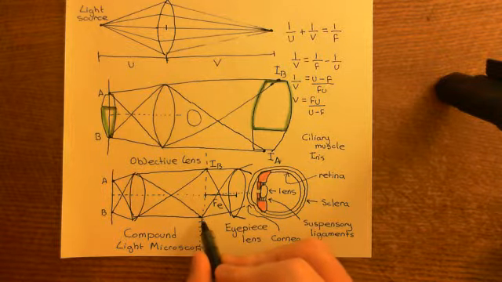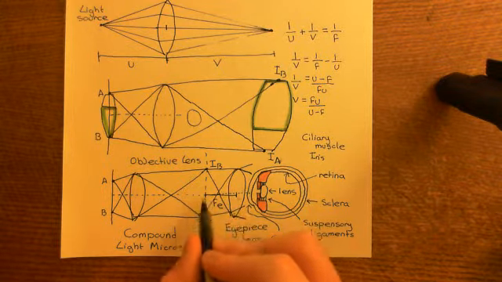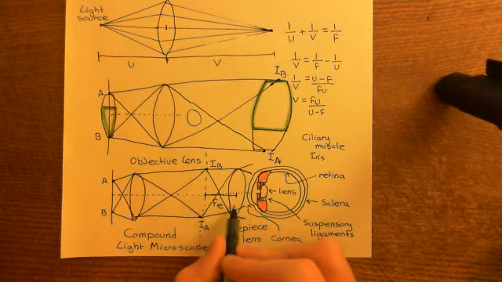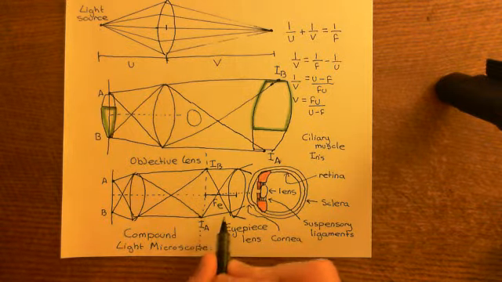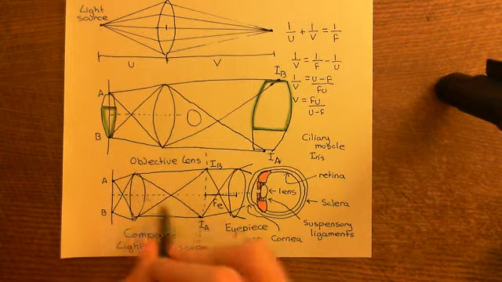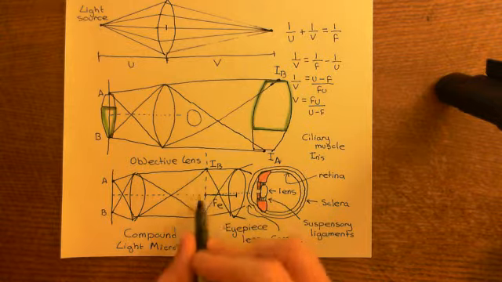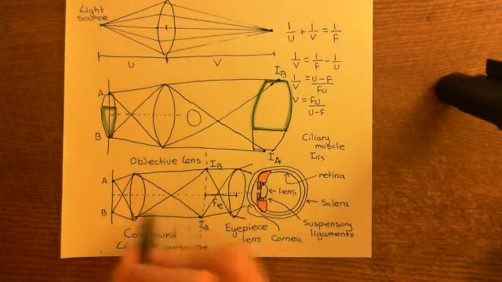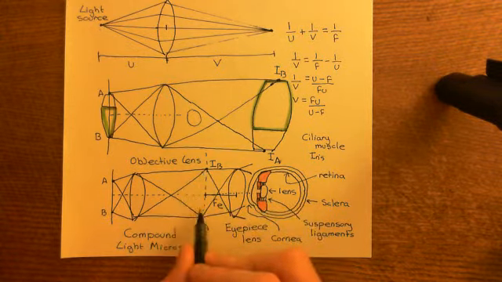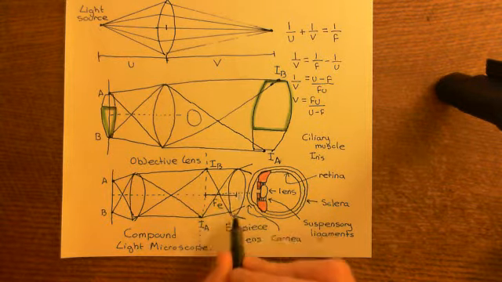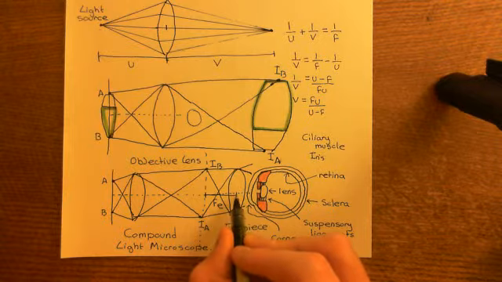What's now going to happen is that this image will go through the eyepiece lens. You alter the distance of the eyepiece lens from the objective lens so that the plane where the objective lens is focusing the image is a distance equal to the focal length of the eyepiece lens away from the eyepiece lens.